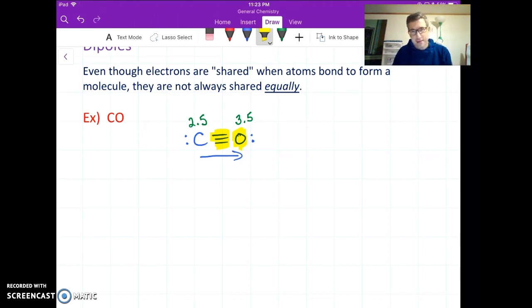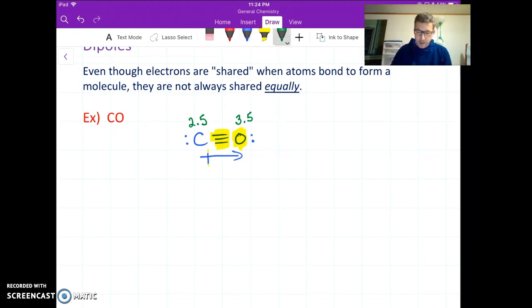The only thing that we have to add to it that you'll see drawn on dipoles is kind of like a little plus sign at the tail of it, and that's what basically makes that arrow into a dipole. So again, the arrow points in the direction of the greater electronegativity.